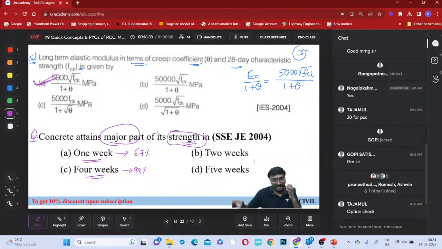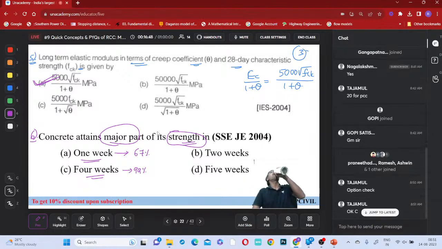Here it is given as the strength, which means the original strength, not the defined strength. Now which one could be the answer? 4 weeks will be the absolute answer, yes or no? 4 weeks will be the 100% correct answer.